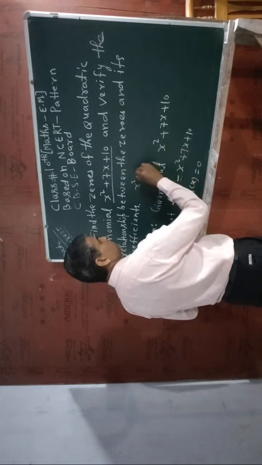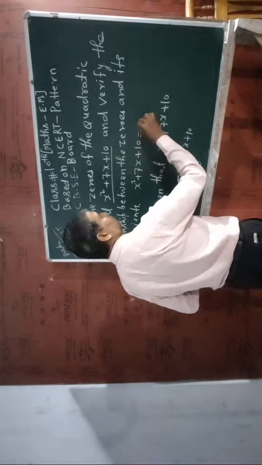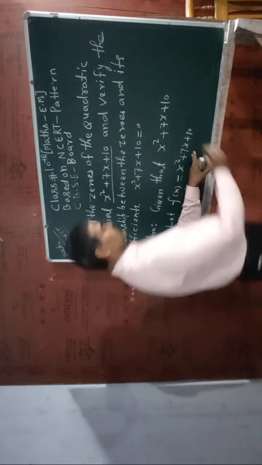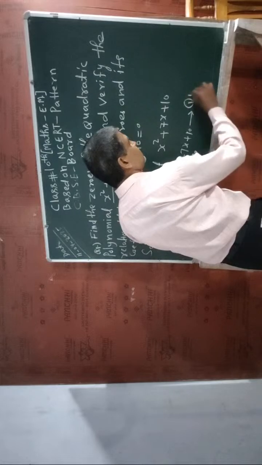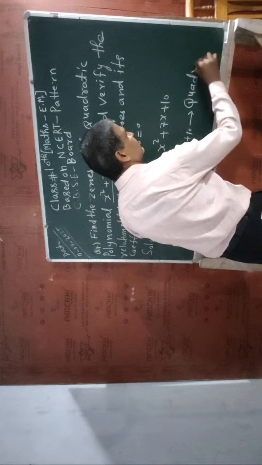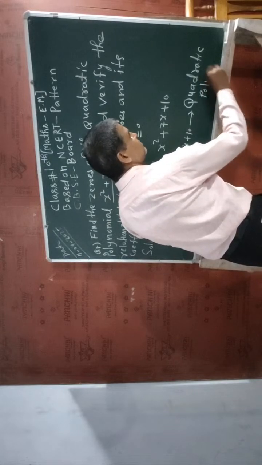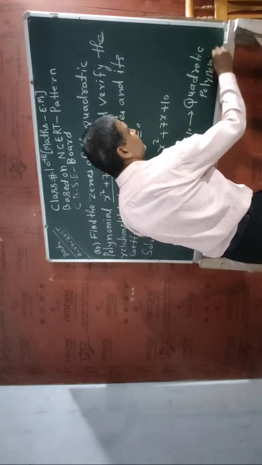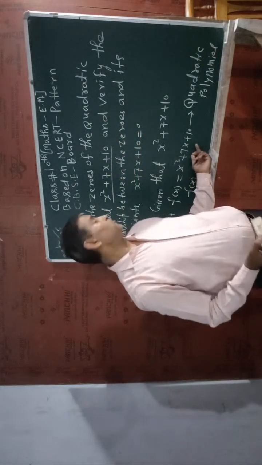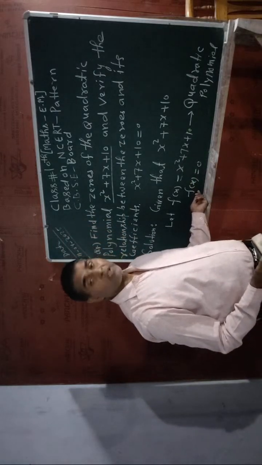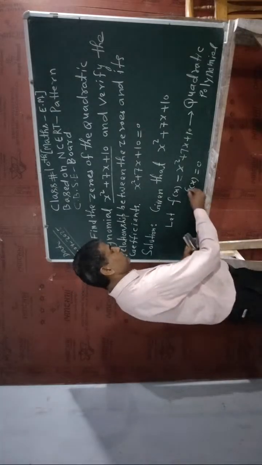Okay, student, so here I write in the place of f(x), x square plus 7x plus 10, which is equal to 0, because it was a quadratic polynomial, but in the case of getting the zeros, I put f(x) equal to 0.